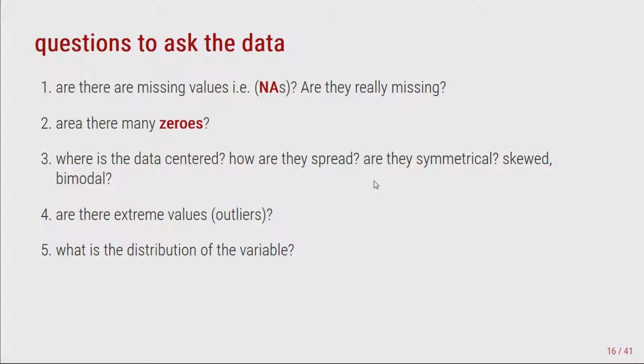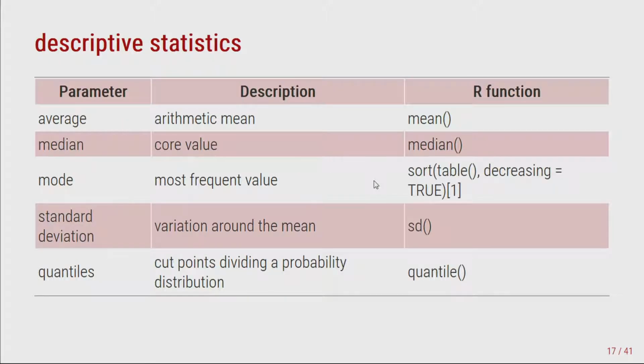We want to know where the data is centered, how it is spread, whether it is symmetrical, skewed, bimodal, whether we have outliers, and what the distribution of the variable is. To answer those questions, we will use descriptive statistics: the arithmetic mean, with the mean function in R; the median, with the median function; and the mode, which is the most frequent value.